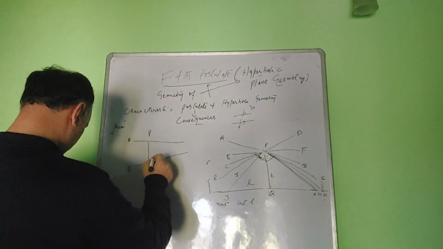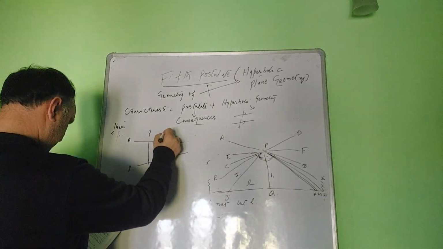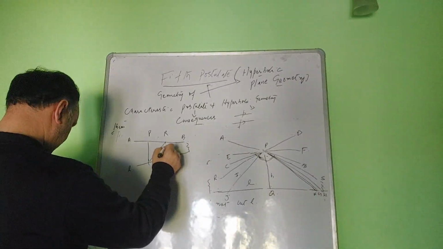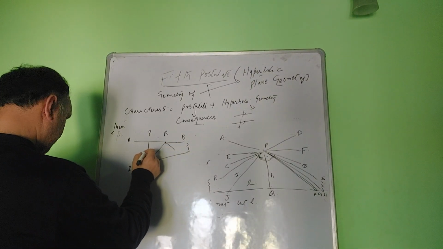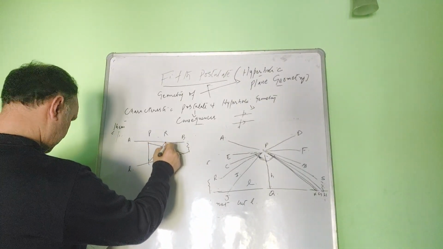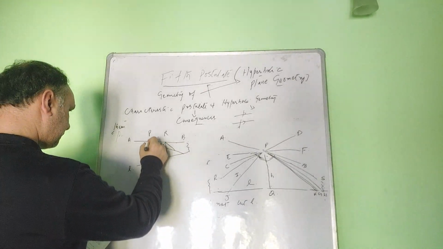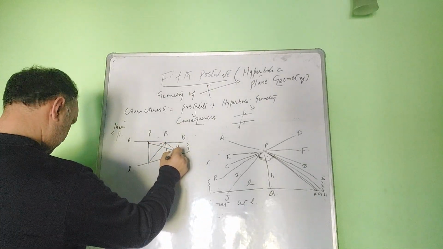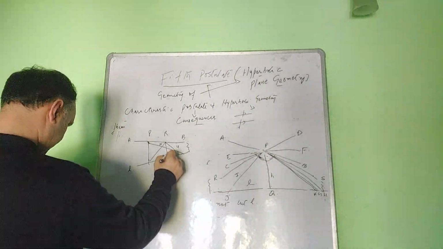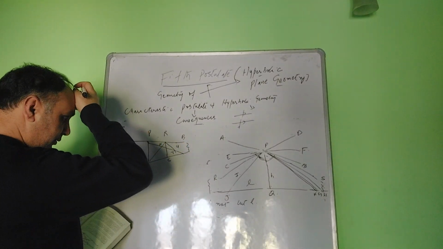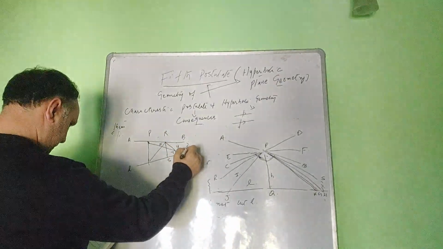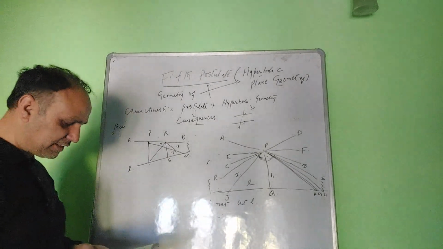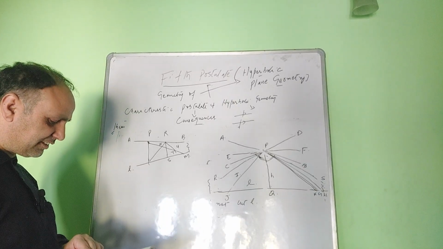This is S, this is point N, this is U, this is T, this is S, this is M. So if a straight line is parallel through a given point in a given sense to a given line, it is parallel in the given sense at each of its points.